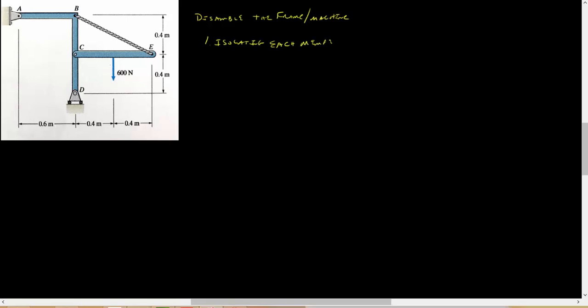You want to show all the forces on each member. You want to show distances and any couples that are on that member as well. Show a reference axis.